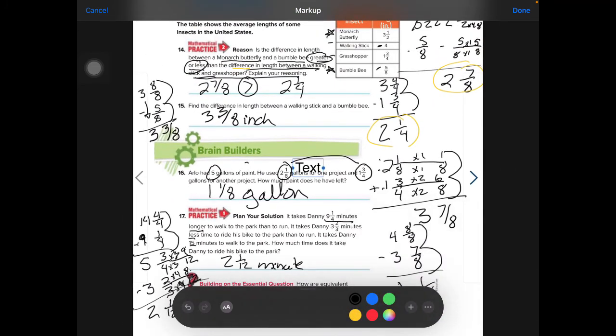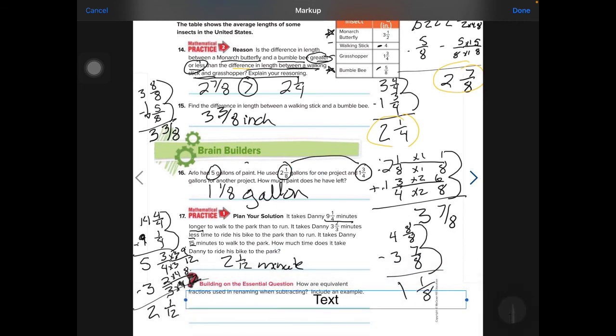How are equivalent fractions used for subtraction?